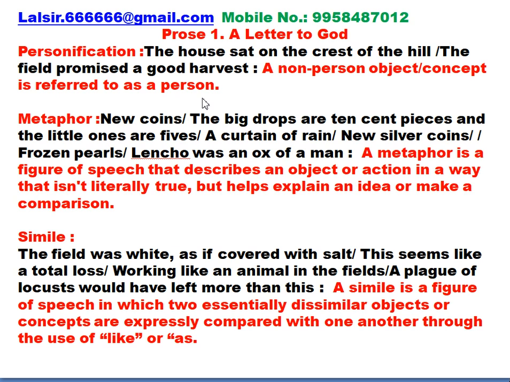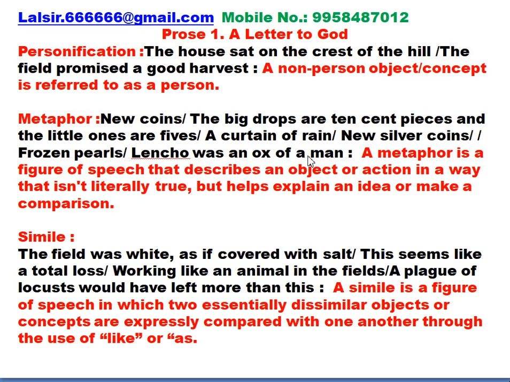Now the next literary device we can see here: there are many metaphors used by the author. New coins, the big drops are 10-cent pieces and the little ones are 5s. A curtain of rain, new silver coins, frozen pearls, Lencho was an ox of a man.